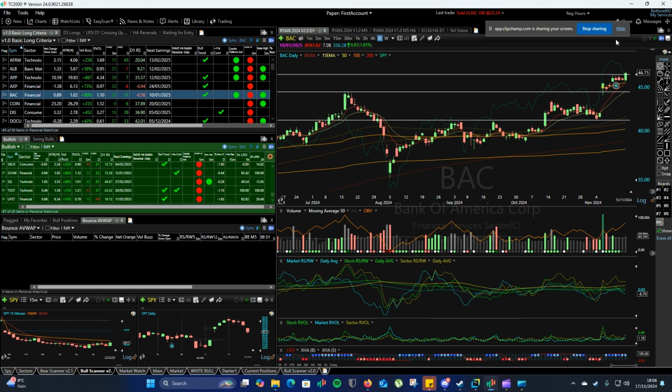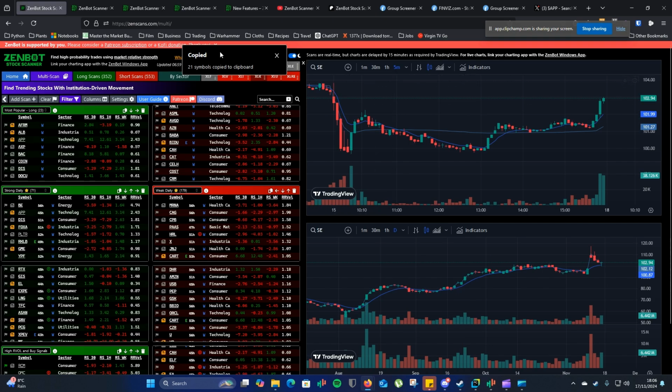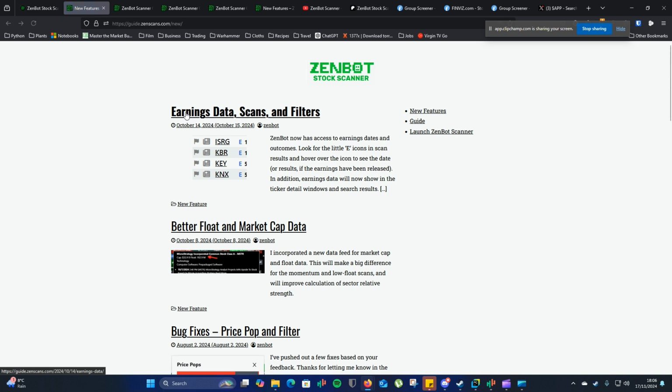So back to ZenBot. And there's also a What's New, so we can look at what features have come out. Storm's done a great job of updating bug fixes, adding various bits.